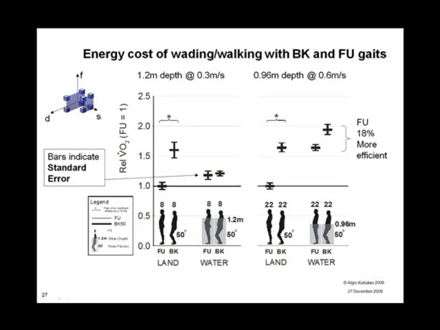So basically we did a series of experiments to test the energy efficiency of bipedal wading in different depths of water, with different knee flexions and at different speeds. And to jump straight to the punchline with this slide here, we found that at certain depths, with certain knee flexions, the difference in energy costs between moving with a bent hip, bent knee gait, like an ape-like gait, and a fully upright gait is completely negated.